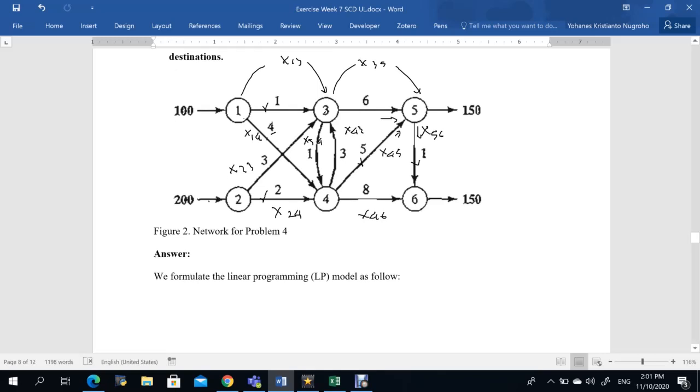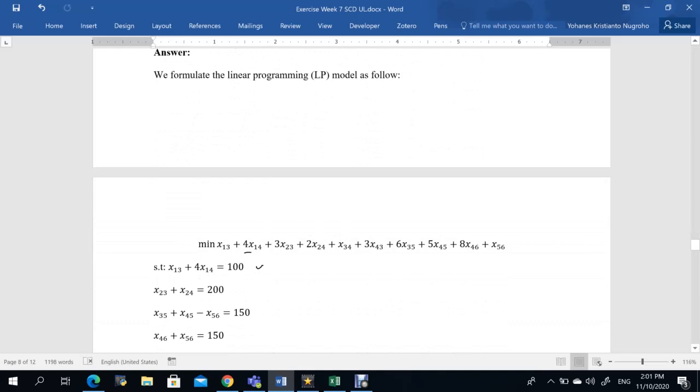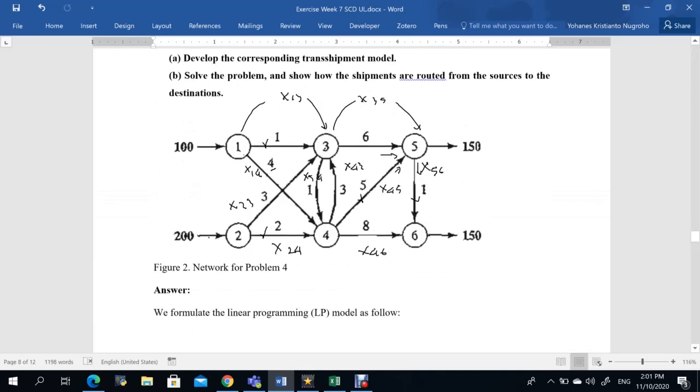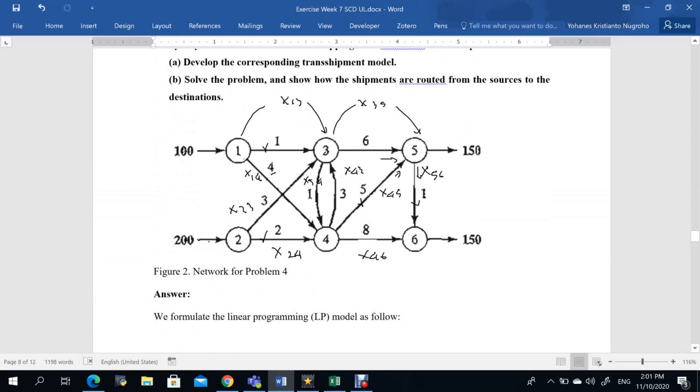Alright. And similarly for x24, the unit cost is 2. 2 to 4 is 2, right? Yeah, 2 to 4 is 2.